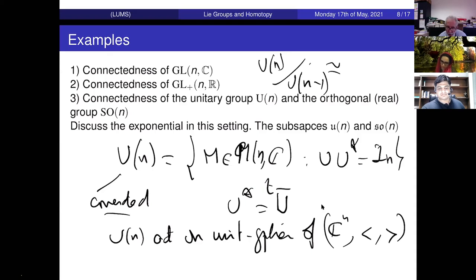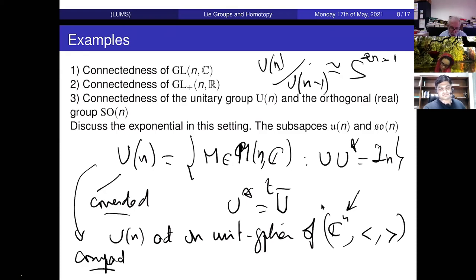Here, I will tell you what is happening, is the unit sphere of Cn. That means it is the sphere of dimension 2n minus 1. UN is compact. This is very important.